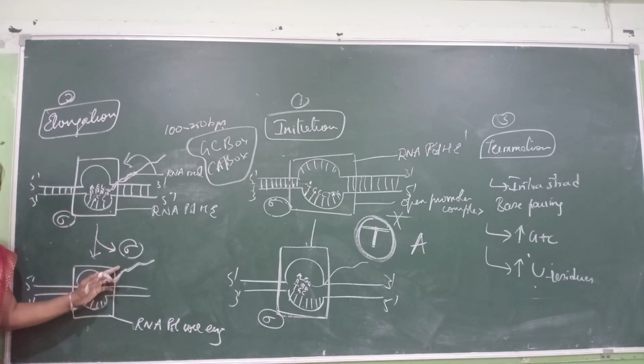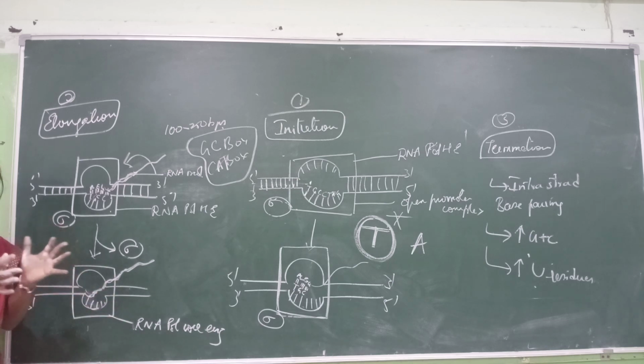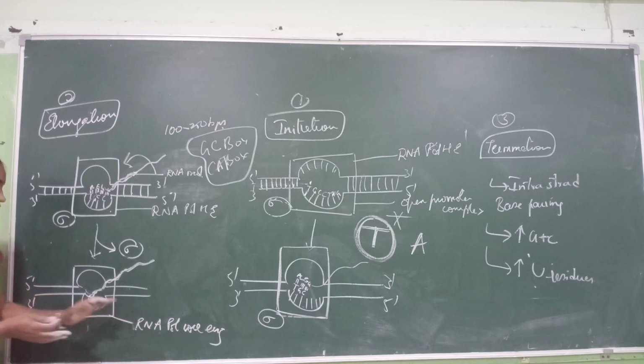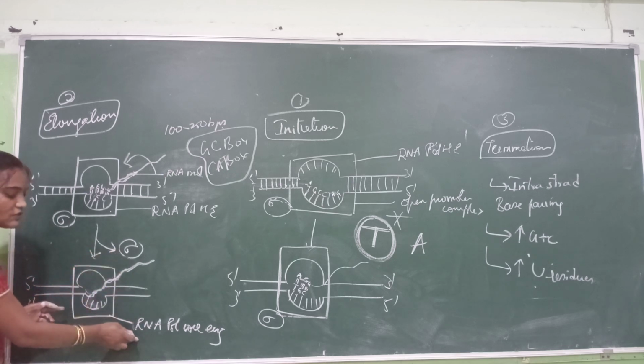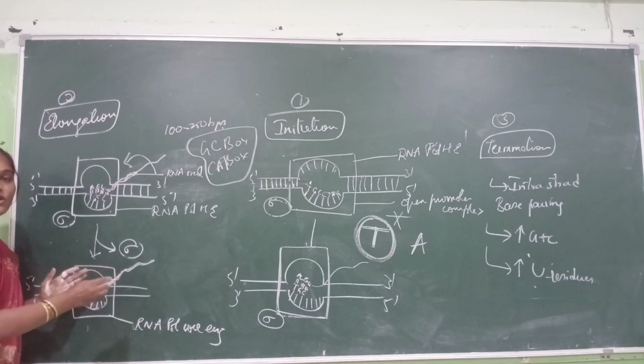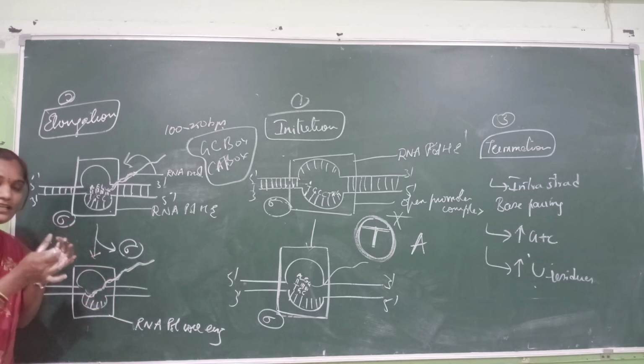Next, dissociation of sigma factor. After dissociation of the sigma factor, there is a little movement of your RNA polymerase coenzyme. Without sigma factor, it is known as RNA polymerase coenzyme. Due to this, the elongated RNA molecule synthesis is getting terminated.